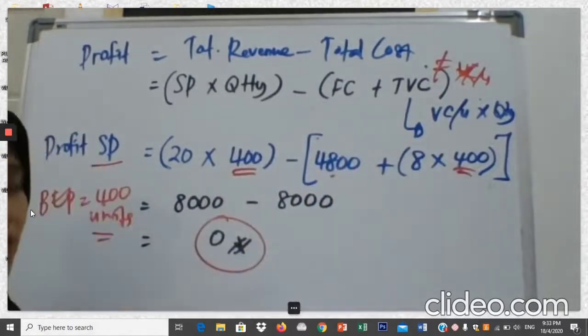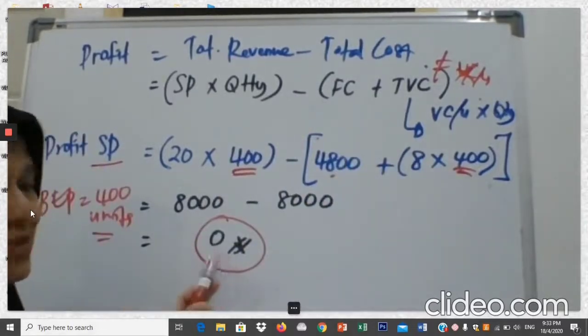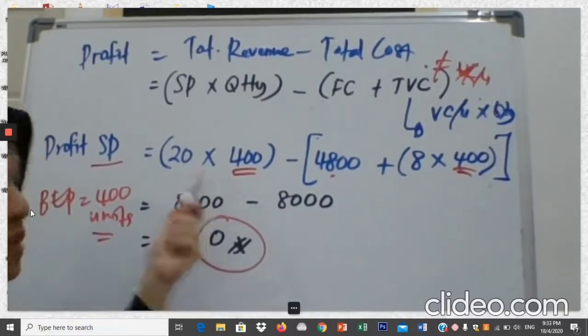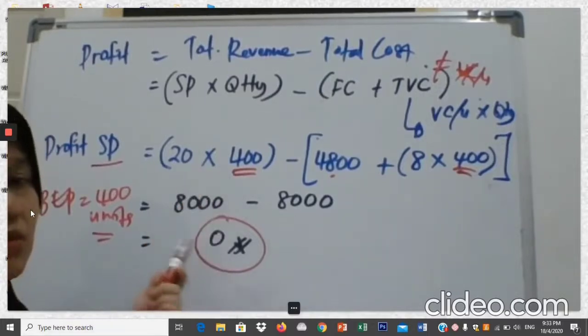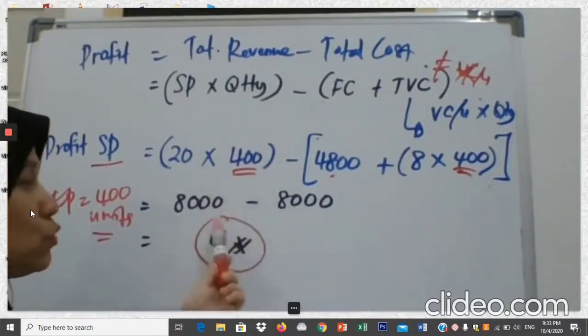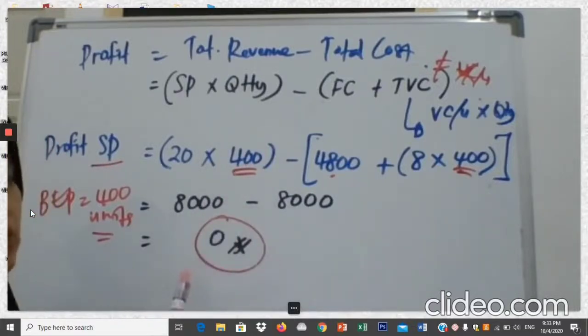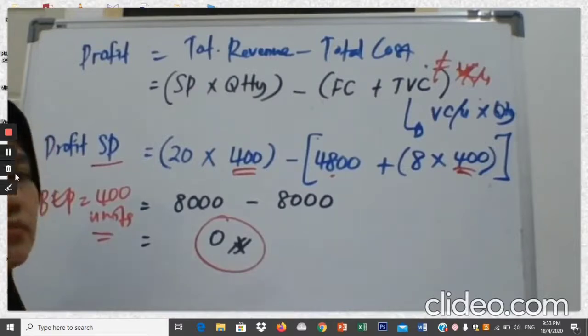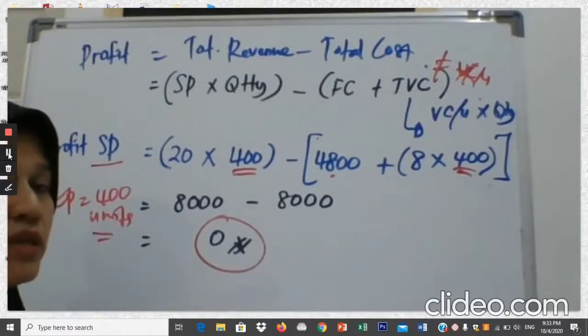You are not required to test whether the company will get zero profit or not at break-even point, but memang akan dapat zero. So normally when a profit question is asked, you will be given the quantity for you to calculate the real profit. So just remember that. Okay. So that's all for the break-even point analysis.